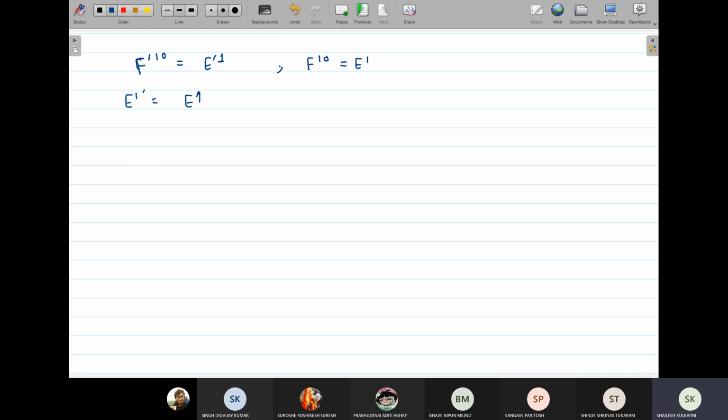There is no change in the longitudinal component of the electric field. That means if the boost is along the x-axis, then the electric field along the x-axis is not going to change.